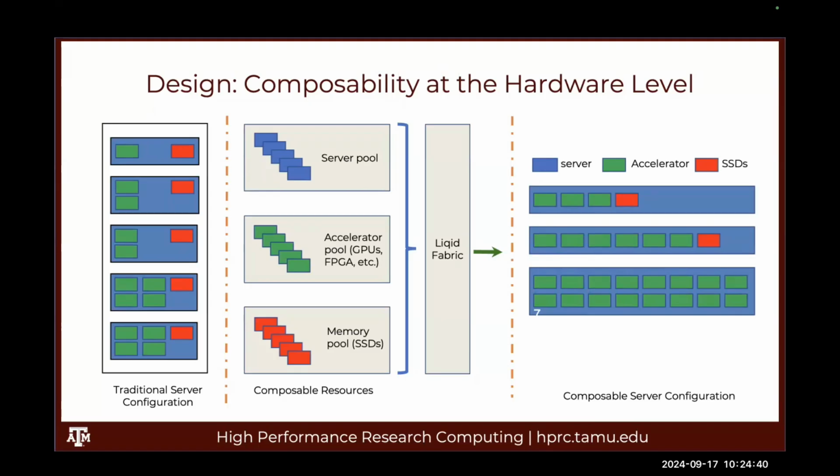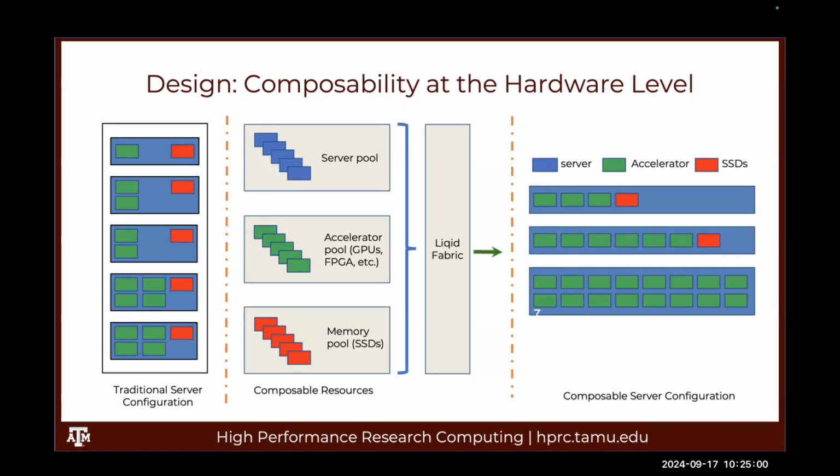That's a great question. I think you are talking about user level composable, right? Whether you can compose a node based on your needs. For example, I want to use a lot of H100 GPUs on a single node. Can I do that?